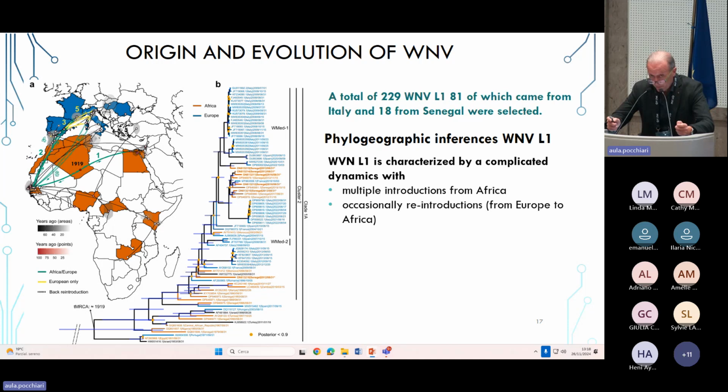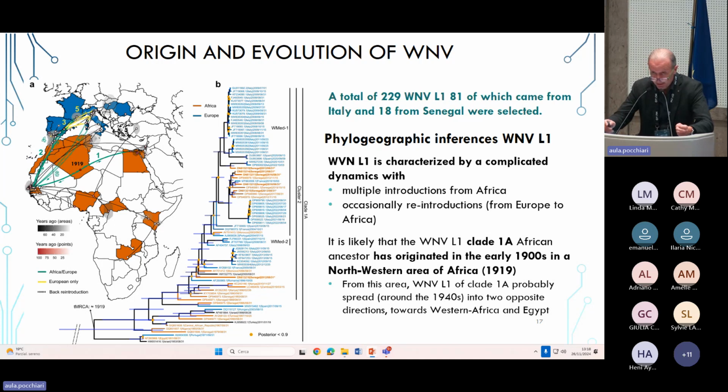And we found that lineage 1 is characterized by complicated dynamics with multiple introductions from Africa to Europe, and occasionally also some back introductions from Europe to Africa.